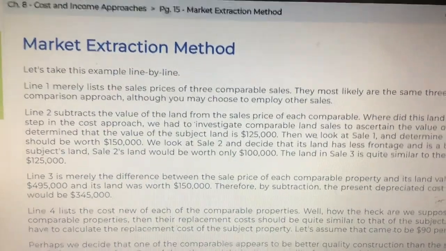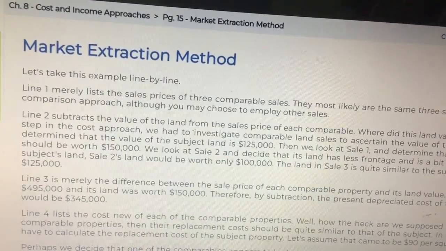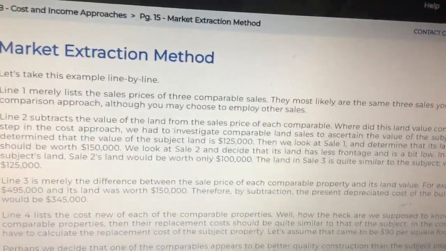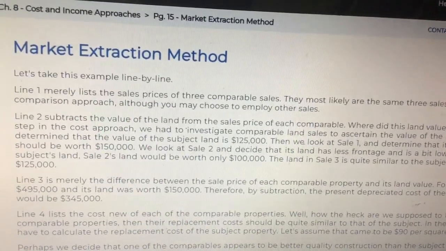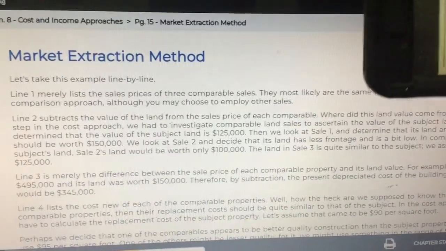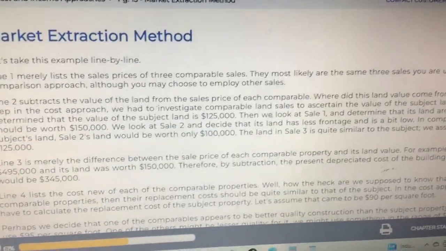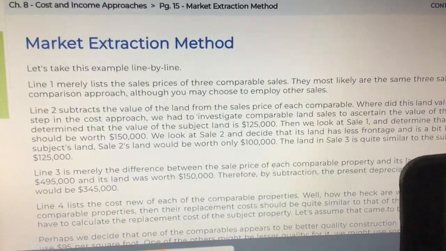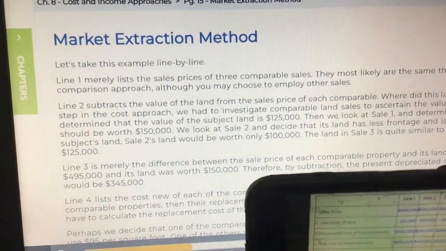Line 2 subtracts the value of the land from the sales price of each comparable. Right there.